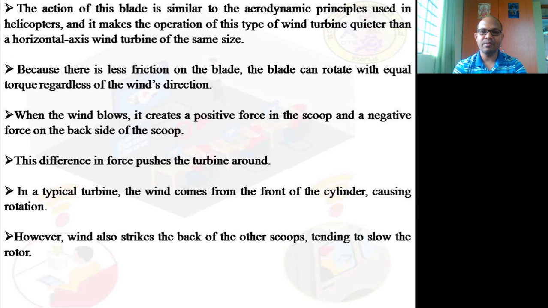This difference in forces pushes the turbine around. In a typical turbine, the wind comes from the front of the cylinder, causing the rotation. However, wind also strikes the backside of the other scoops, tending to slow down the rotor.